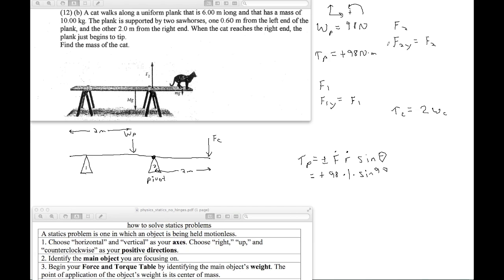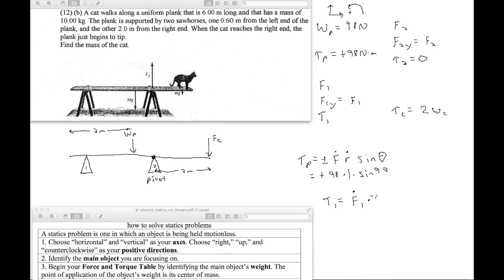And the torque from F1 would be F1 times, what's this distance? That would be 3.4 meters.